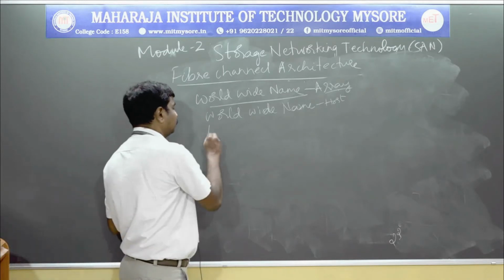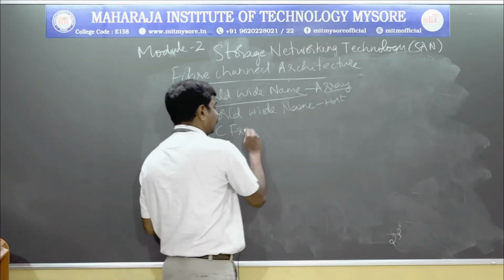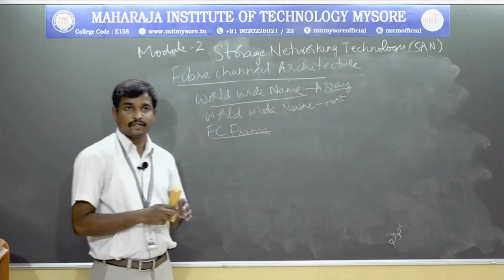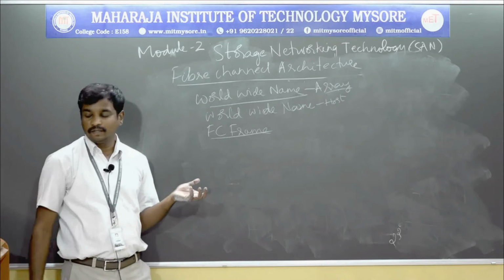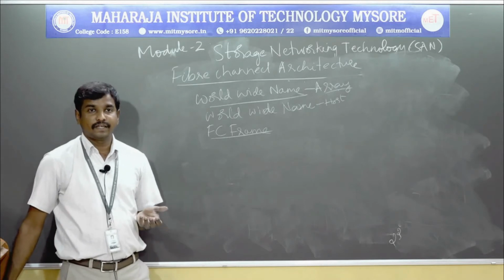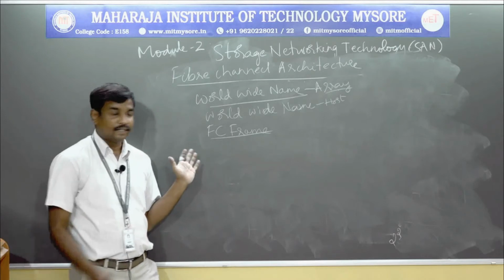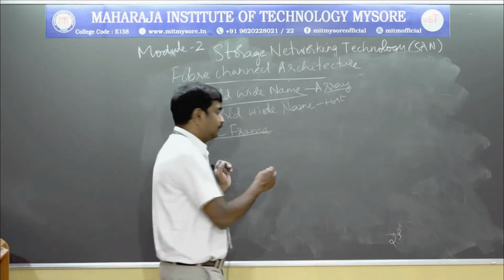Now let us discuss Fibre Channel frames. How does Fibre Channel have frames? That means we have to convert our data into different types of frames. The frame is divided into 5 groups. That means we have a data field.